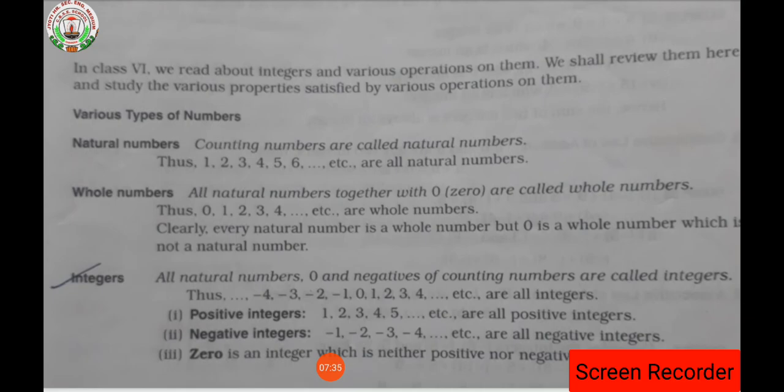Clear everyone? The definitions which are available on the screen, you have to write in your maths copy. The size of the maths copy will be that A4 size college copy of 200 pages you have. So make that college copy of 200 pages a mathematics copy, and in that you can start writing the notes.